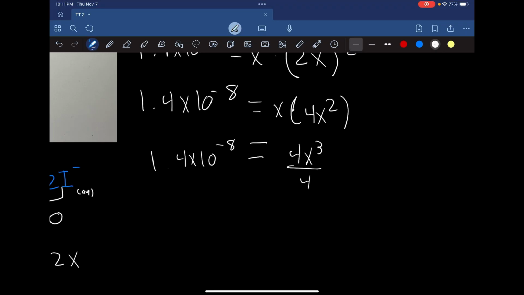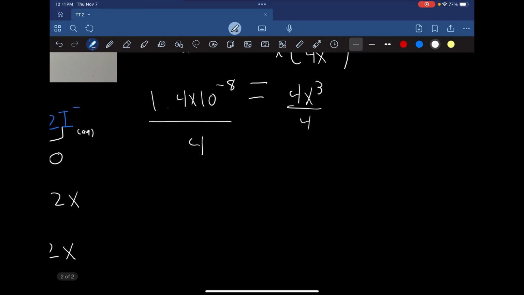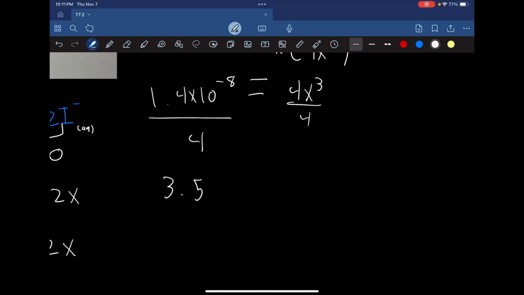When we divide by 4, we get 3.5 times 10 to the negative 9 is equal to x cubed.